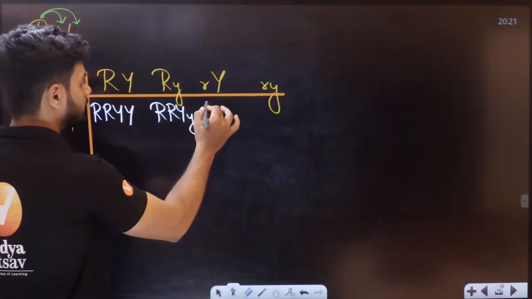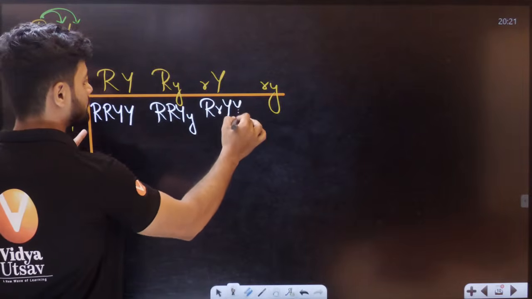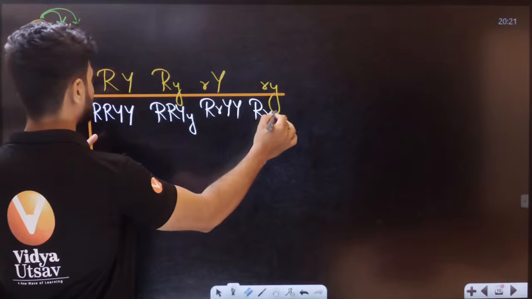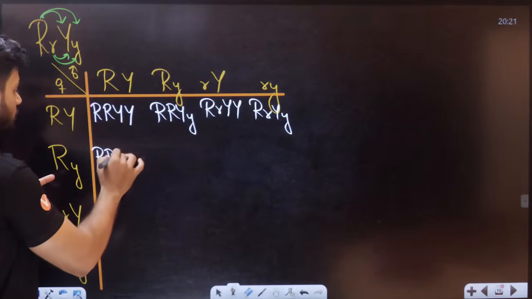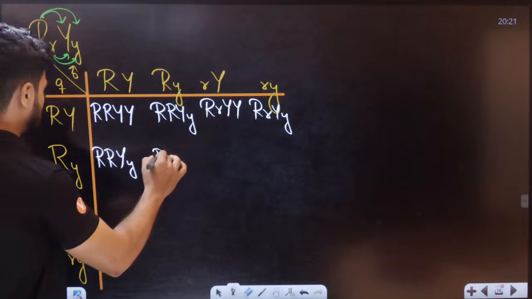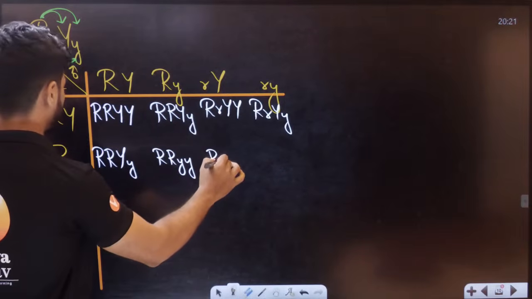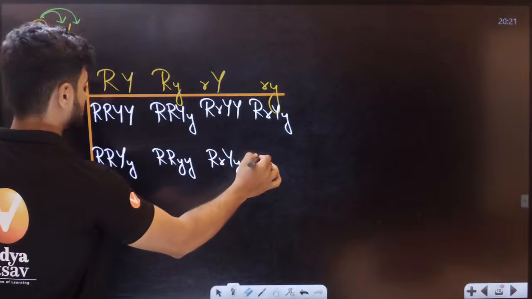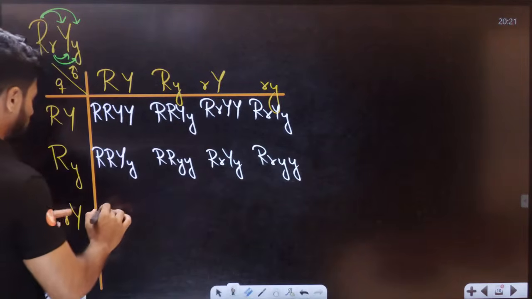What do we get here? Capital R, small r, capital Y, capital Y. Capital R, small r, capital Y, small y. Capital R, capital R, small y. Students, see if I make a mistake anywhere, catch hold of me. Capital R, small y, small y. Capital R, small r, capital Y, small y. Capital R, small r, small y, small y. What do we have here?